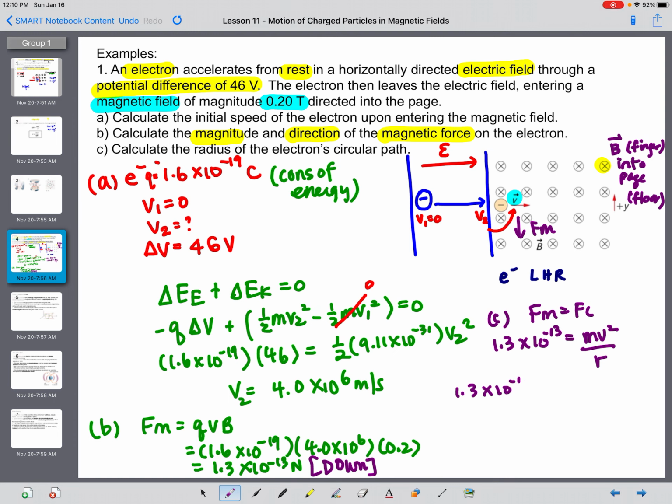So finishing this off, m is the mass of the electron, v squared is 4 times 10 to the 6 squared, all divided by r, which is what you're solving for.